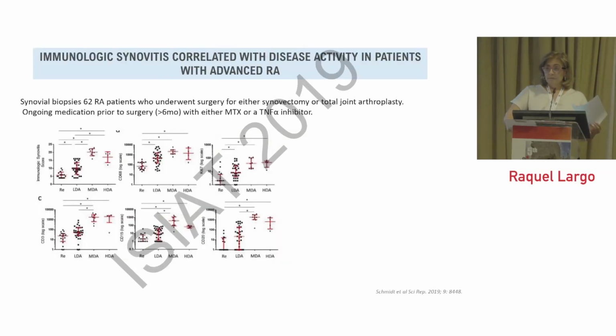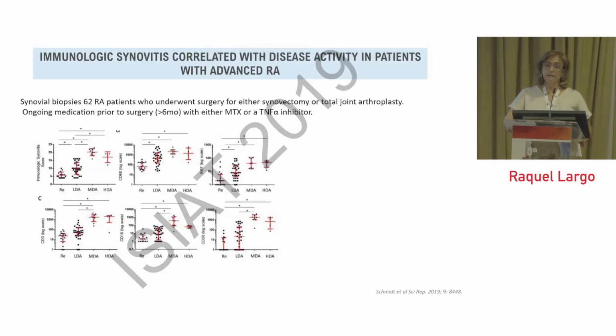These pathotypes have not only been described in early RA patients, but also in other cohorts. You can see here a study in patients with late RA, analyzing biopsies obtained by synovectomy or during total joint arthroplasty. These patients were medicated with methotrexate or TNF inhibitors.